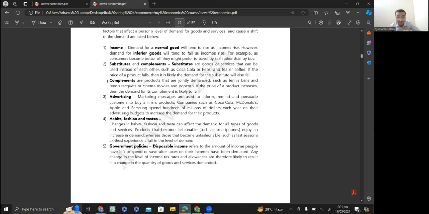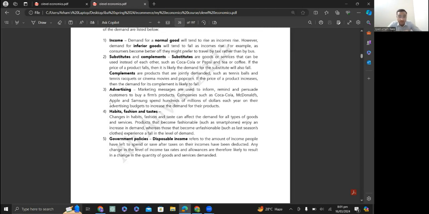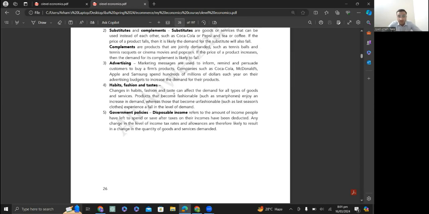Now, advertising is another very interesting factor. Extensive marketing and advertising lead to an increase in the demand for the product. Habit, fashion and taste are things which are continually changing, and people's fashion, taste and habits tend to change over time. So the demand for such products might increase or decrease depending on taste and fashions.